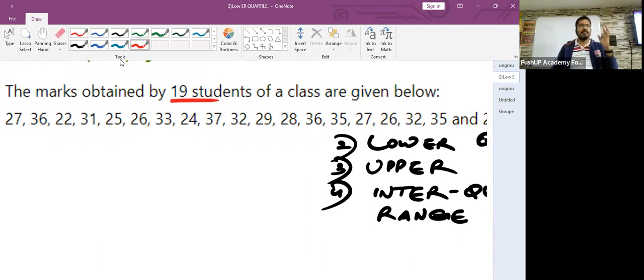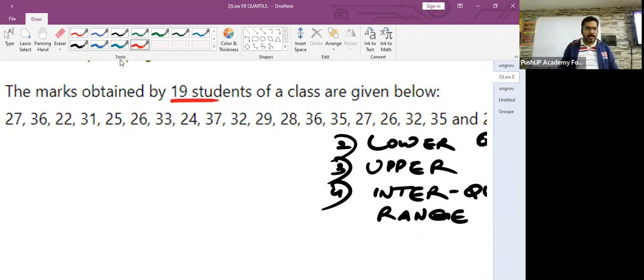Let's start. Now, children, they have given you the marks scored by these 19 students, but when they are asking us to find the median value, the first thing that we must do is arrange the data in ascending or descending order, isn't it? So let us arrange this data in ascending order.